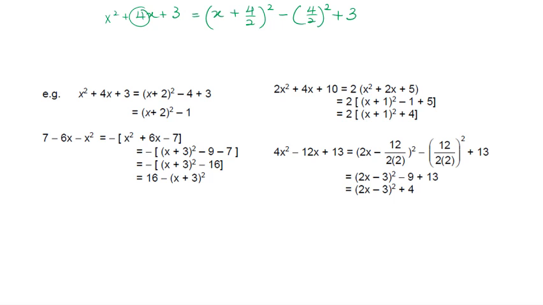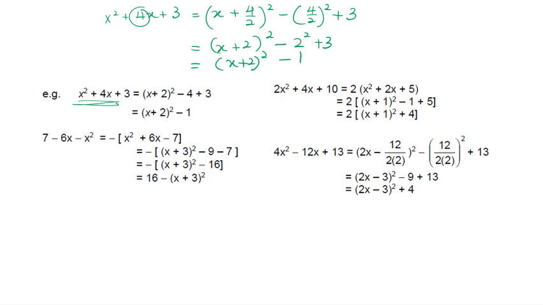Ni kita ambil je terus. So is equal to x plus 2 square, ini jadi apa? Tolak. So minus 4 over 2 is 2 square plus 3, is equal to x plus 2 square minus 1. So this is the answer for the first equation.